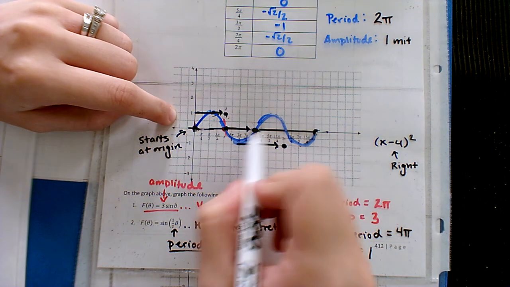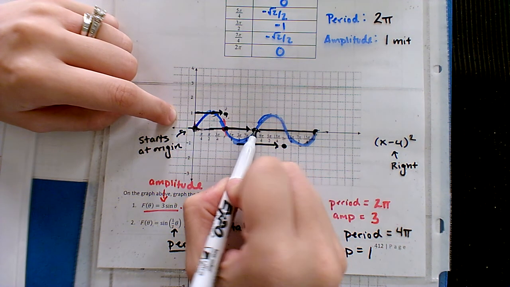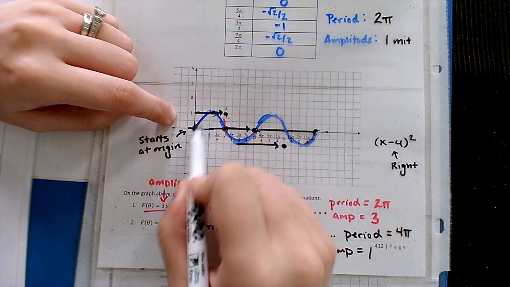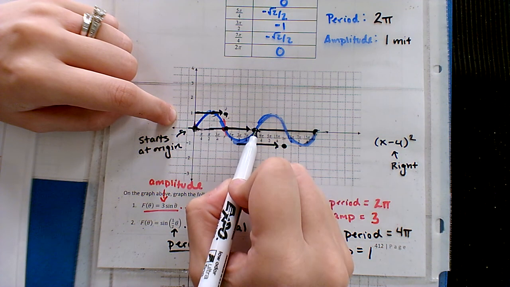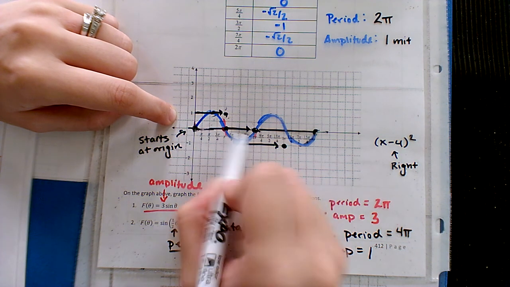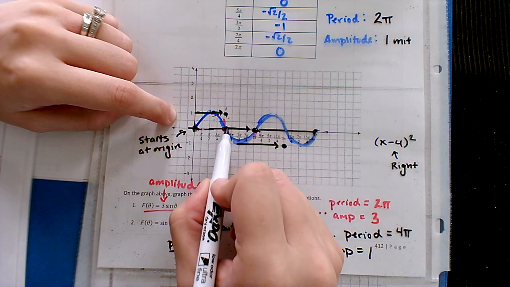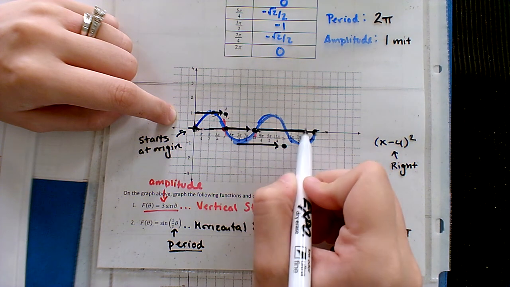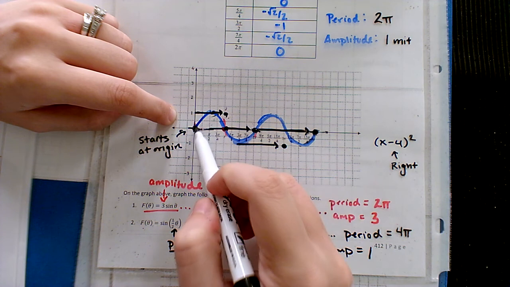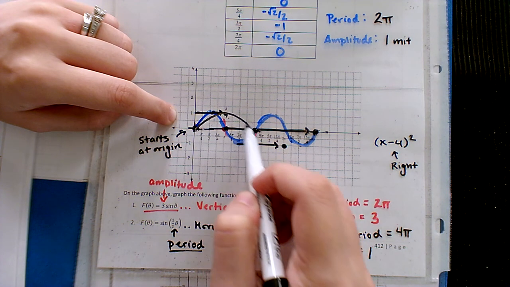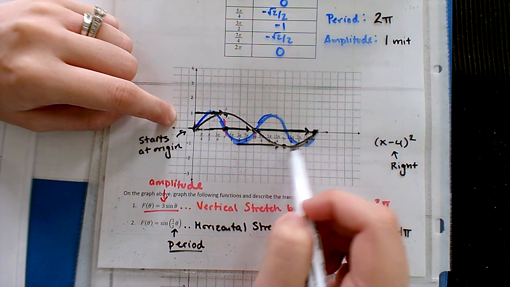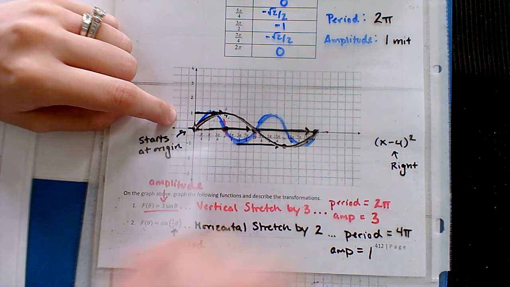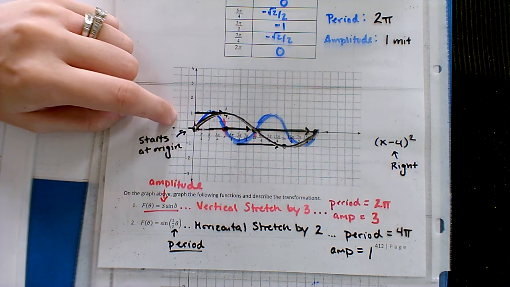And then the x-intercept point, the ending point for the first cycle of the blue graph, is 8 units away. So now it should be 16. It's moving all the way over here. So if we connect all those black dots, there's our horizontally stretched graph.